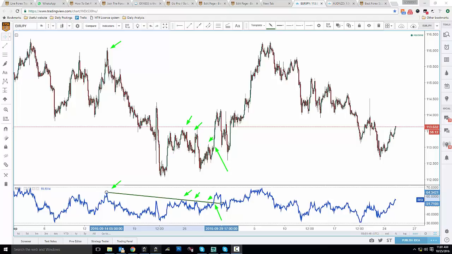In this case, there wasn't a pullback, or rather there was a little bit of a pullback to the support level before RSI just went on and price just went on. So in this case, if you have been short from here all the way down, assuming you're looking at RSI, you have been looking at the diagonal descending resistance line, and you have been short as long as RSI holds below this level.